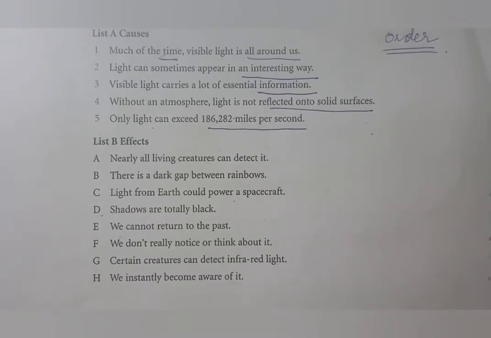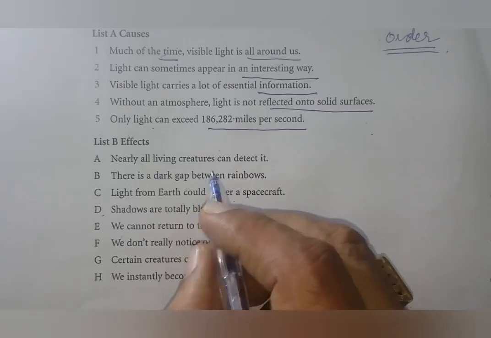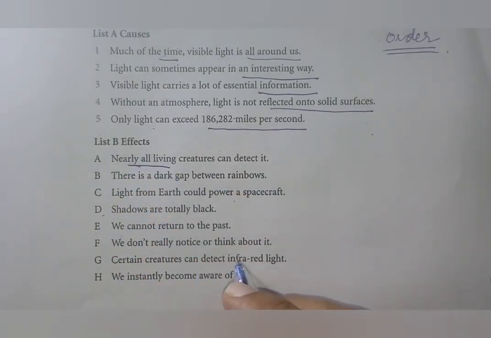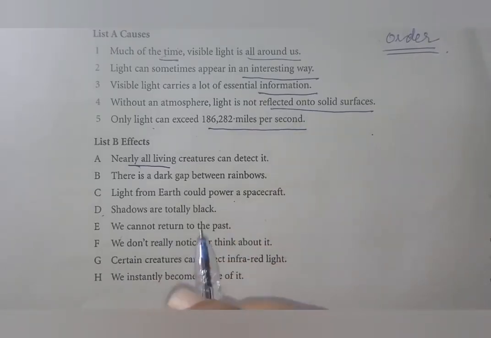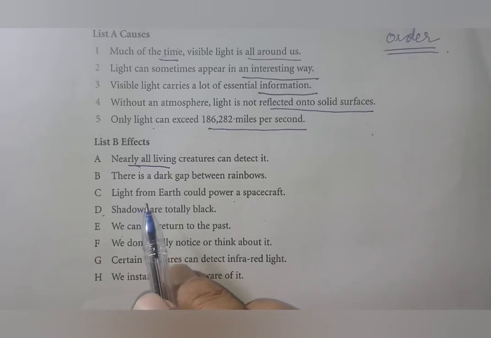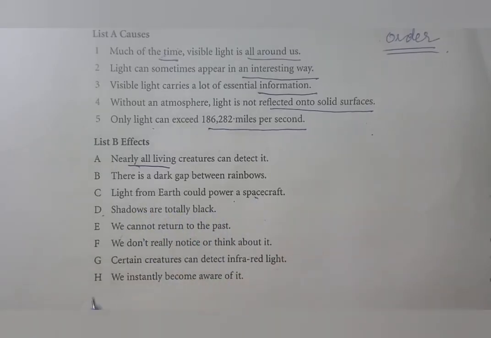And these are the effects here. In A, nearly all living creatures can detect it. Let's do one thing, just read it. I'm not going to underline. There is a dark gap between rainbows. Light from Earth could power a spacecraft.